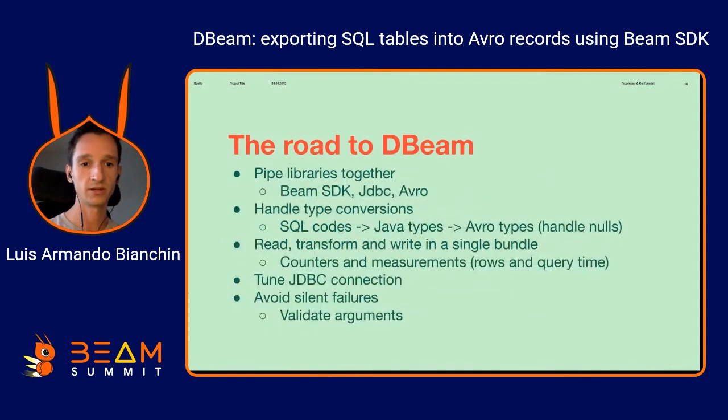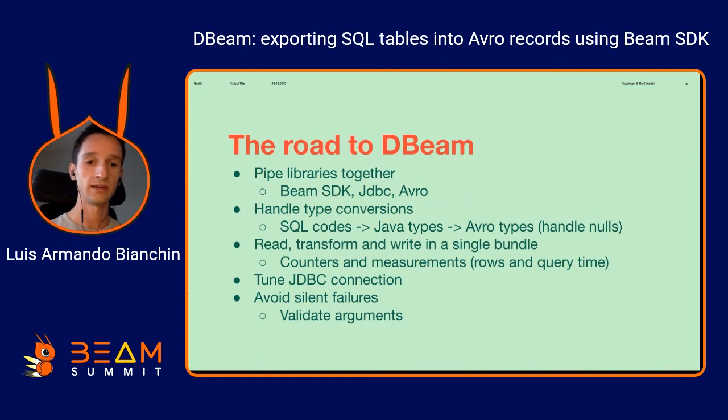So what we ended up doing was mostly piping some libraries together: Beam SDK, JDBC, and Avro. It handles type conversions from SQL type codes into Java types and Avro types. We also have to handle nulls, because on the JDBC driver everything is nullable, so in the output we put everything as nullable.